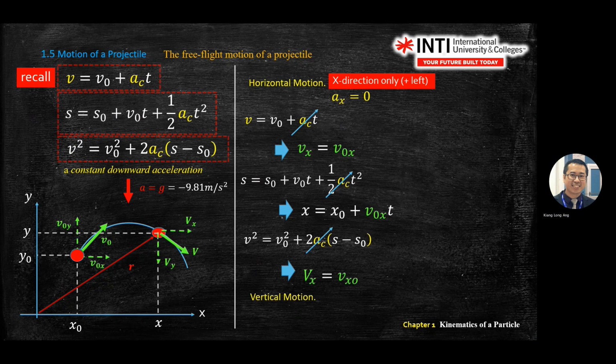So we are done with horizontal motion. In your test or final exam, you need to write all this out. You need to develop this, and only then can you proceed. So you start with these three equations, x direction, a equals 0, you write all these things. Then you do the same for the y, the vertical.